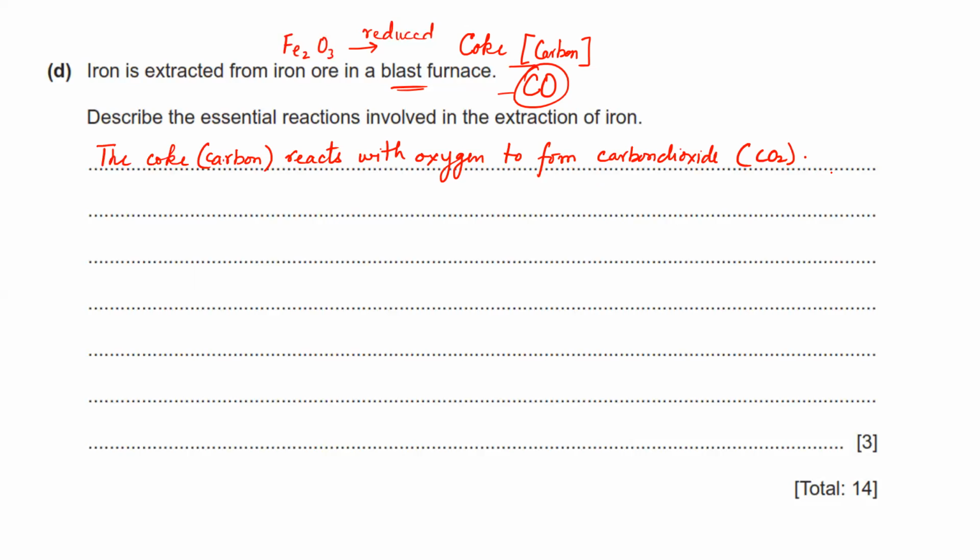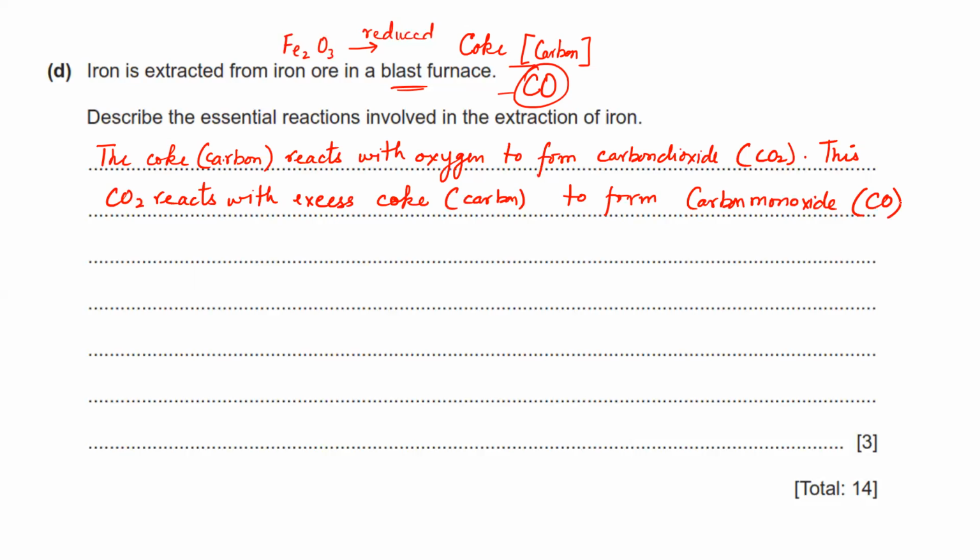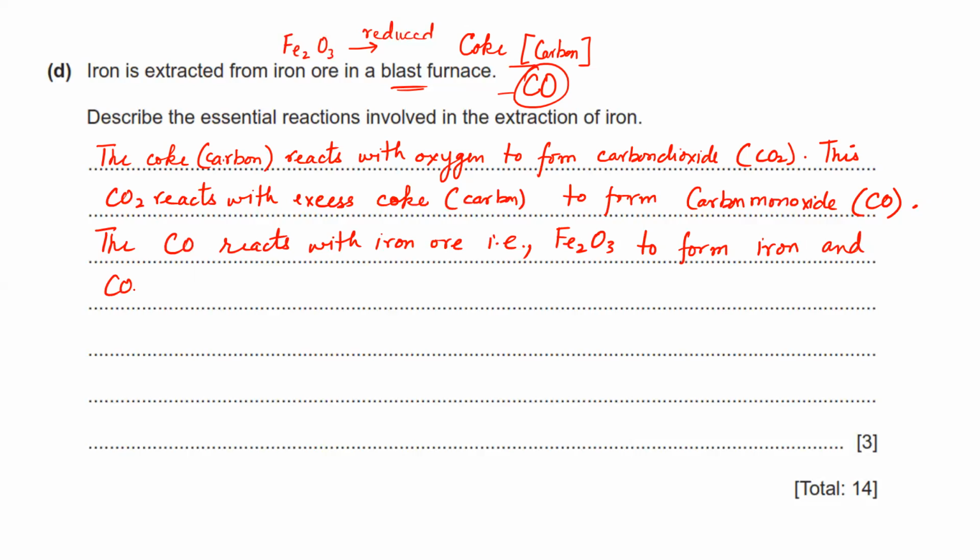Then this CO2 reacts with excess coke, carbon, to form carbon monoxide or CO. The CO or carbon monoxide reacts with iron ore, that is Fe2O3, to form iron and CO2 gas.